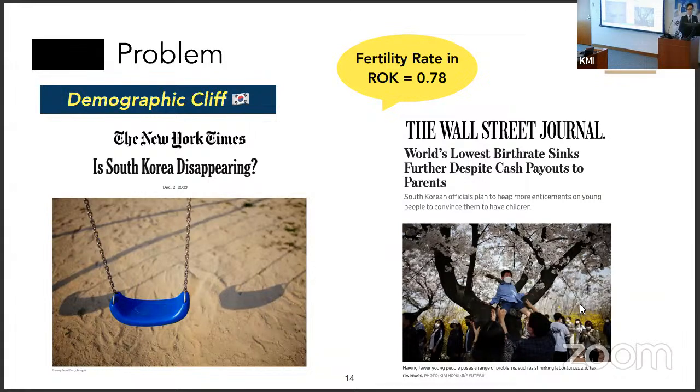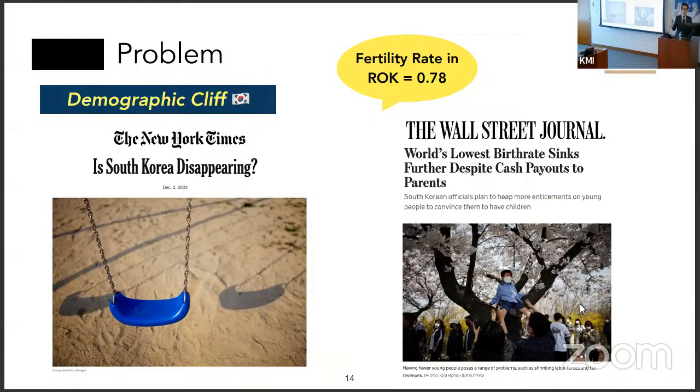So fertility rate, birth rate in South Korea marked at 0.78, which is the lowest in the world, not just the lowest in the developed countries, lowest worldwide. This report is written by OECD, and the data came from 2022, and the report was released in 2023.